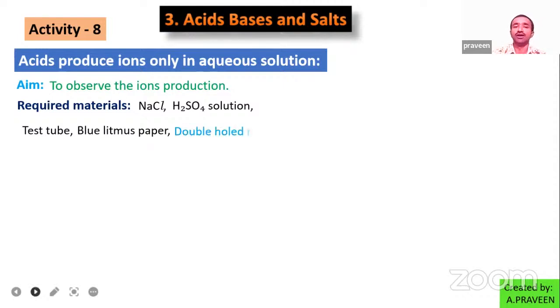Now I am going to take a double-hole rubber cork to insert one funnel and the other, the delivery tube. Next we require a thistle funnel to insert into the double-hole rubber cork, and the delivery tube also.